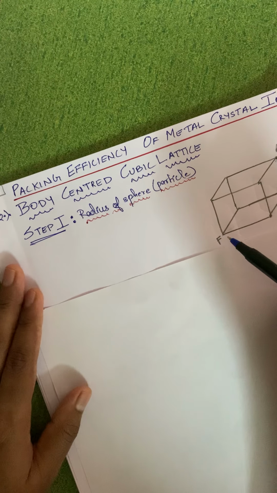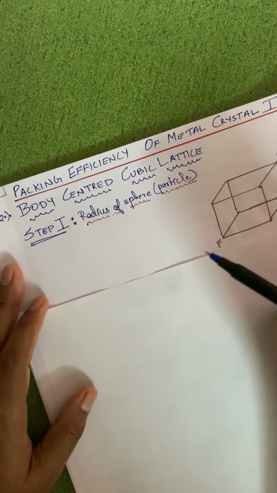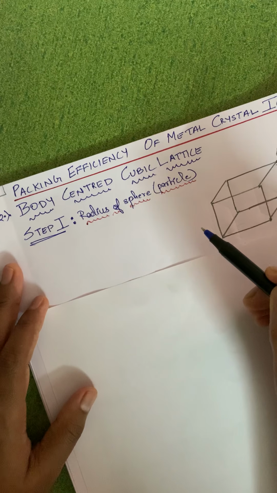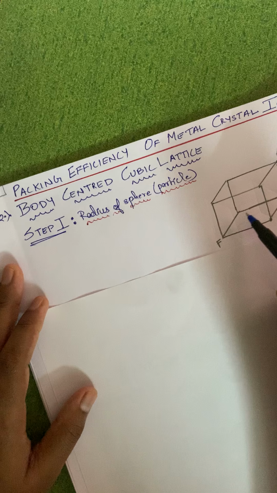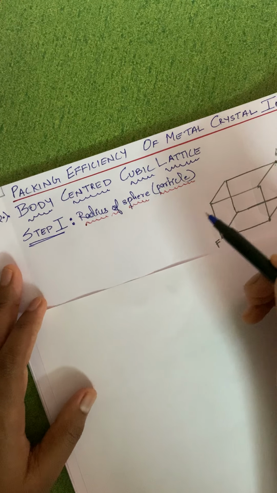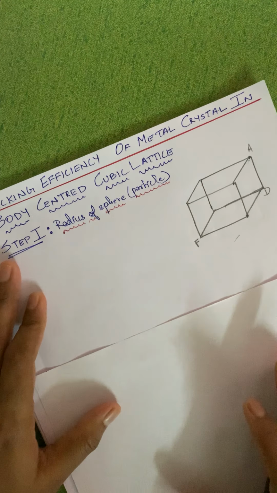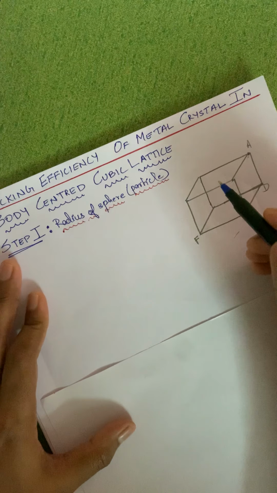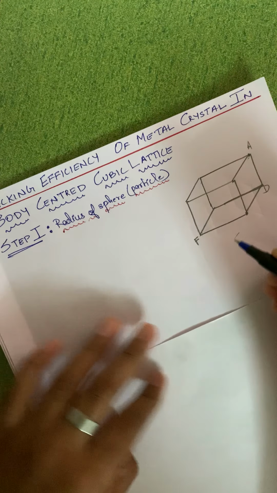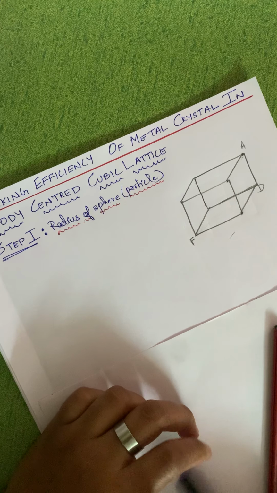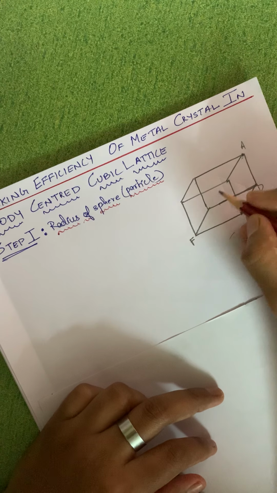So while calculating the radius we have to take into consideration the sphere which is kept inside as well. Okay, so let's start. First I have to find out the radius of a sphere particle. So we'll assume now.